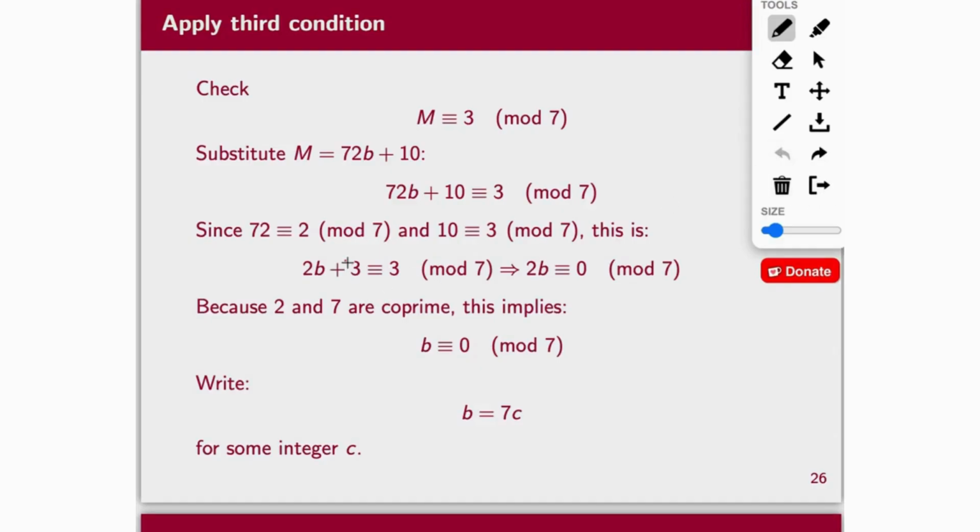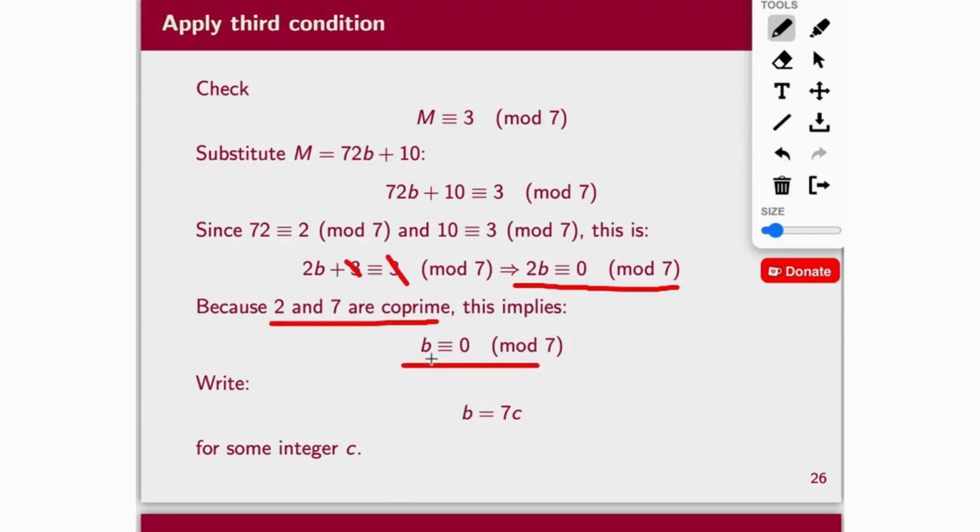Then we subtract 3 on both sides, leaving us with 2B is congruent to 0 mod 7. Now, because 2 and 7 are coprime, this implies this.